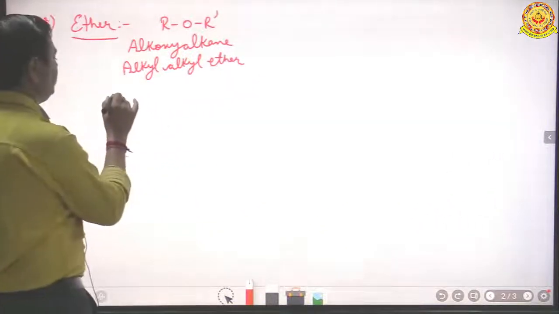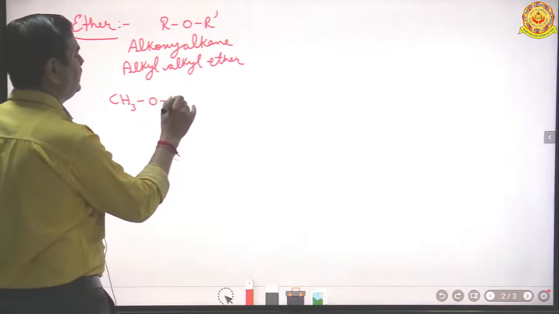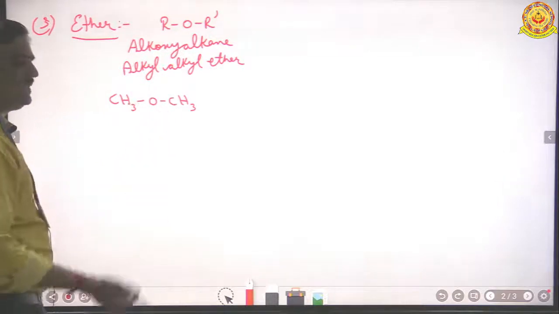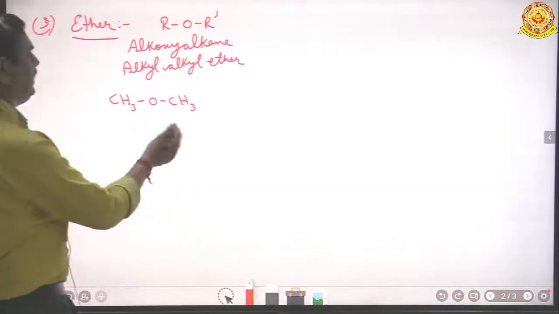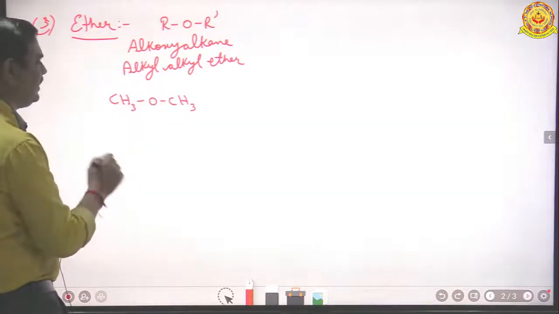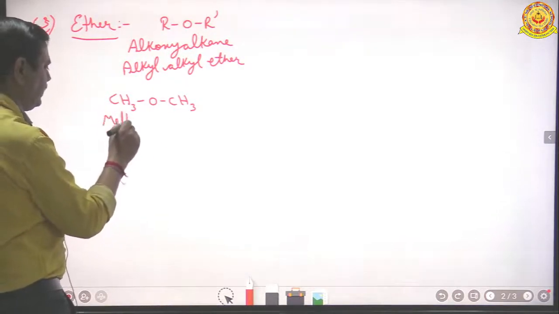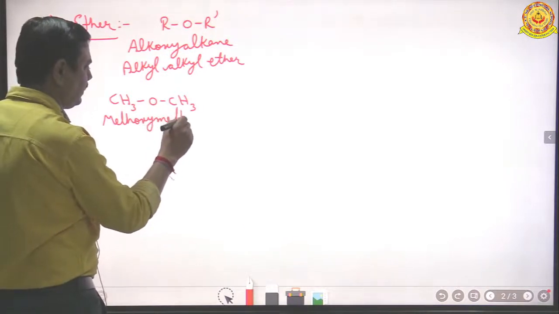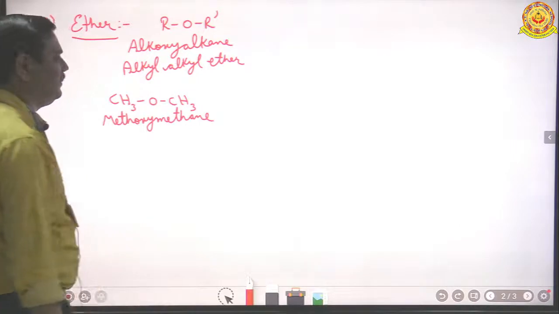The first member of this group will be CH3OCH3. Now both groups are the same. These types of ethers are called symmetric ethers. So any group can be taken as alkoxy and any group as alkane, so it will be named methoxymethane.